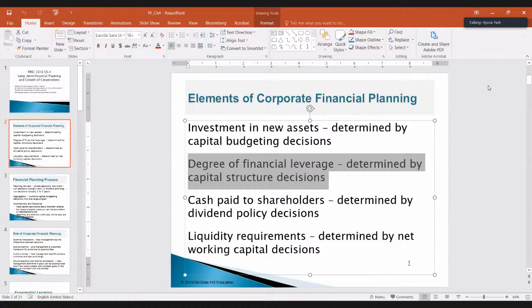Hopefully, at the end of this semester, you have all the chapters' core concepts and a big picture of how to make good financial management decisions for a corporation.